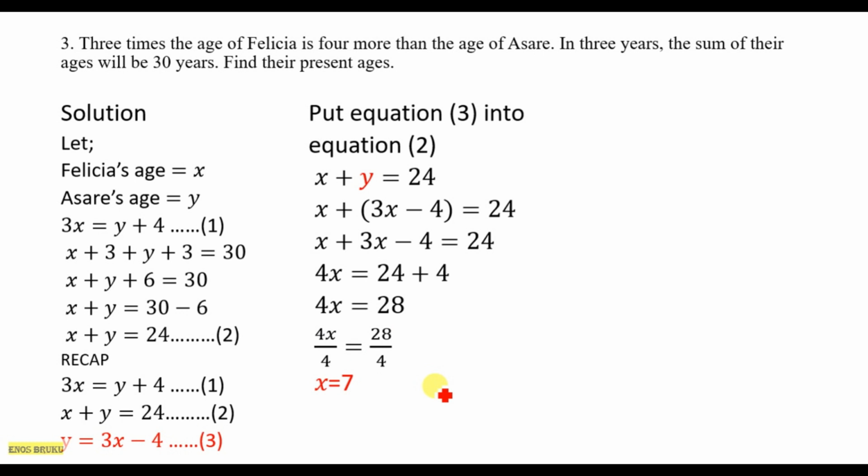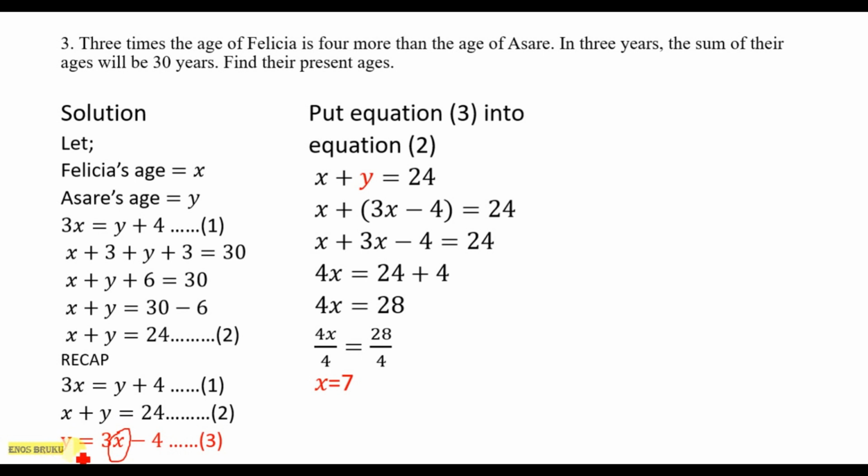Okay, good. Now that we've gotten our x, all we need to do is to take one of the equations and replace the x by the value of x so that we can find y. Good.